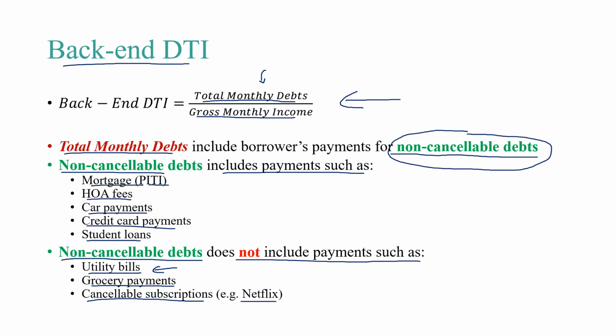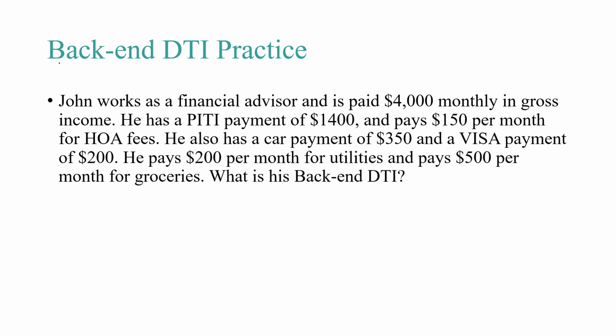But remember, utility bills are a cancelable payment, and so you do not include that in the back-end DTI. Grocery payments would not be included as well, and any cancelable subscription would also not be included in the back-end DTI calculation.